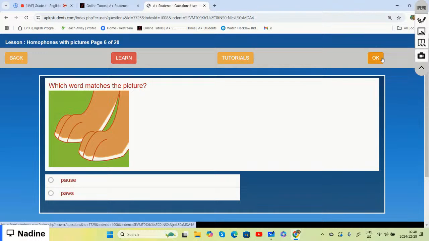All right, let's look at the last one. Paws. Is it pause or paws?